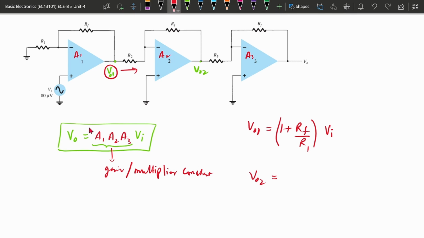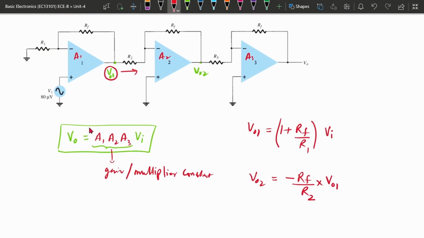If it is connected to the inverting terminal, its output will be minus Rf by R2 multiplied by the input, that is V01. The final output, V output, will again take V02 as an input connected to the inverting terminal, so its output will be minus Rf by R3 multiplied by V02.